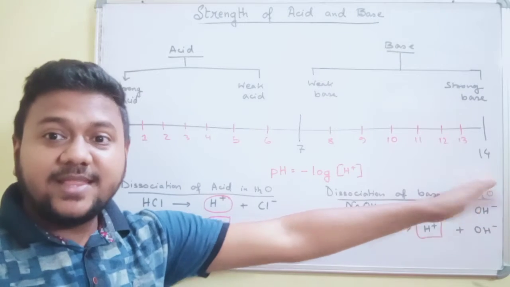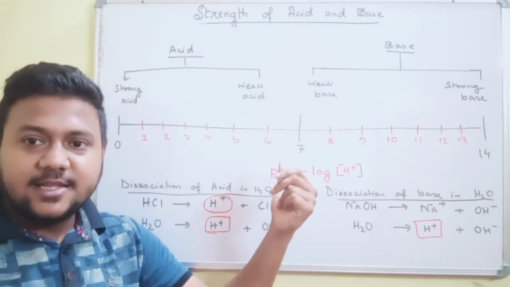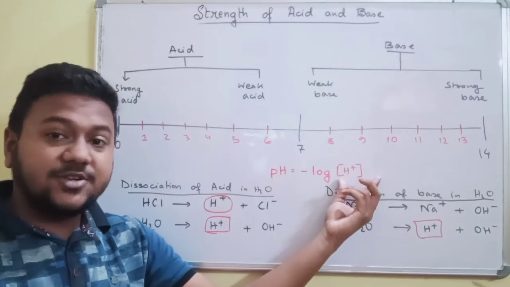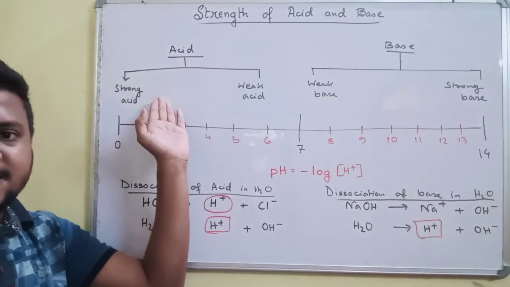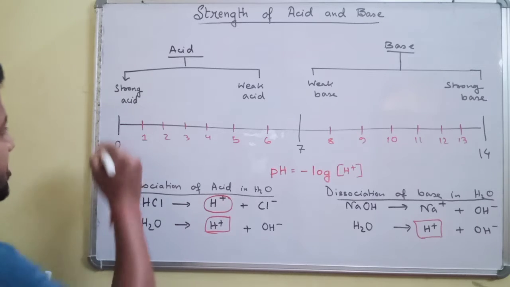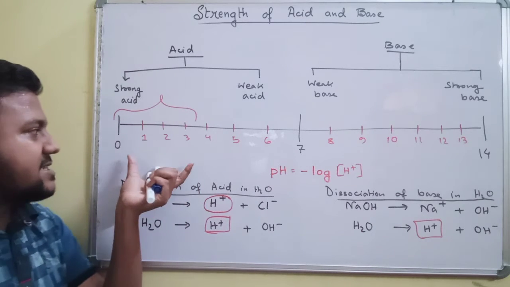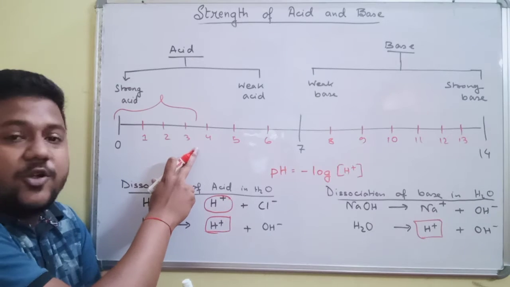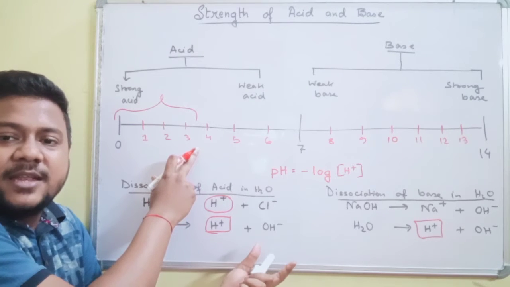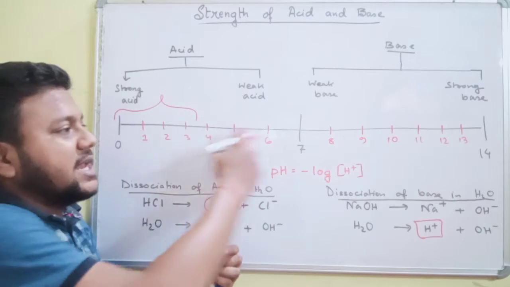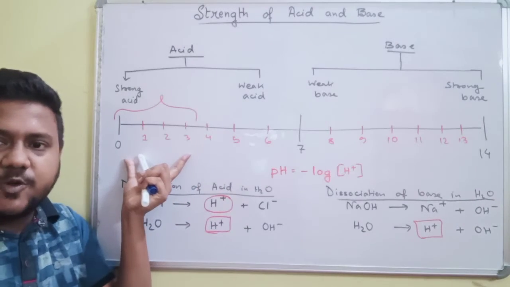Now in this scale we can identify the substances that have a higher concentration of H+ ions. These are the strong acids and will take a position over here in the scale. The substances having pH 0 to 3.5 will have a hydrogen ion concentration more than any other substances, and hence they will have the least pH value, from 0 to 3.5.